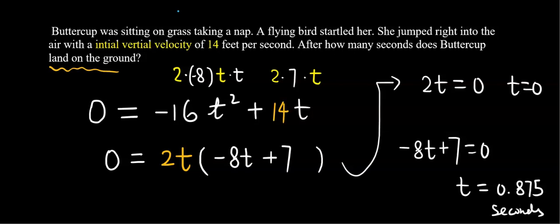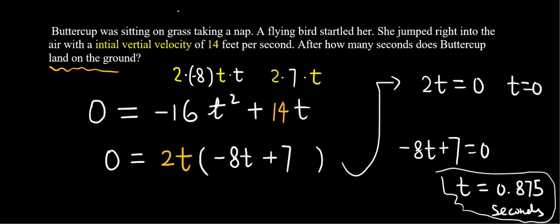Okay? And we're going to take the second one as our solution because it's not possible she jumped into the air and landed the whole time, taking only 0 seconds. It takes 0.875 seconds.